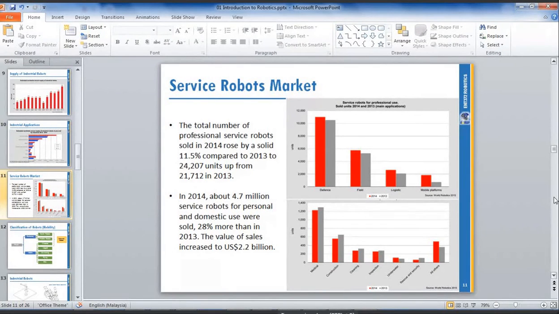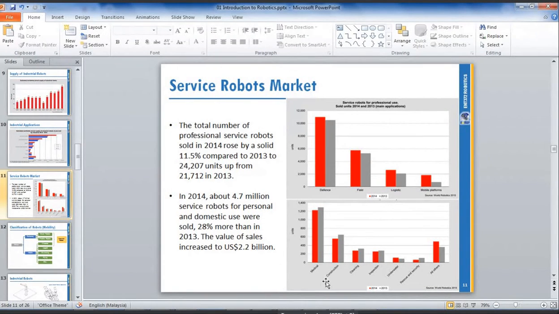And then this is service robots in the market. Defense, field, logistic, mobile platform. Defense is military.